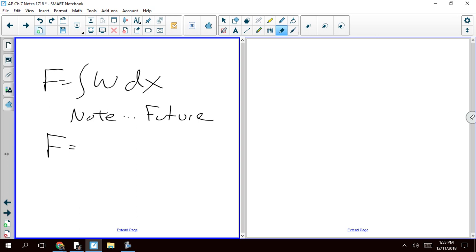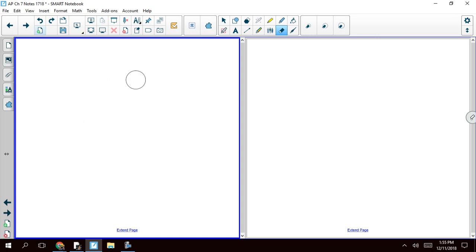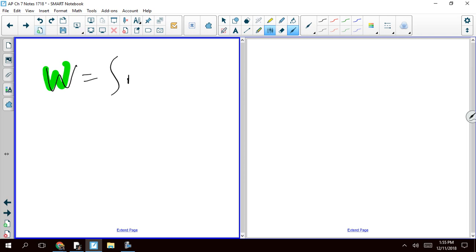Hold on. Rewind. Pretend I didn't just say that. I knew something funny was there. All right, rewind. What we just learned is this: the work done by a force is equal to the integral of the force with respect to x, right? Okay, so back on track.